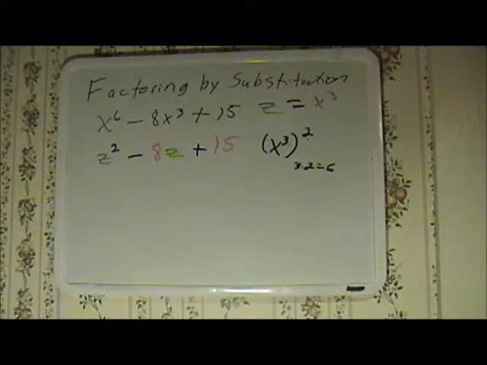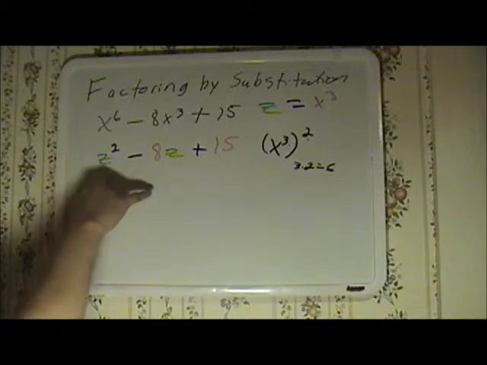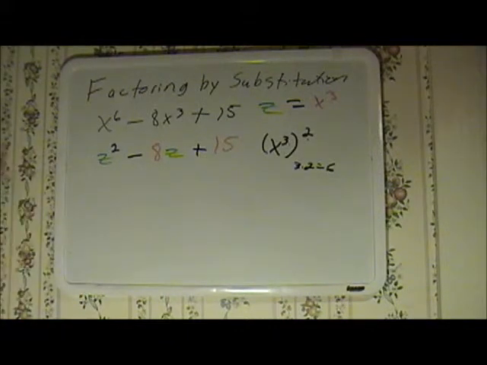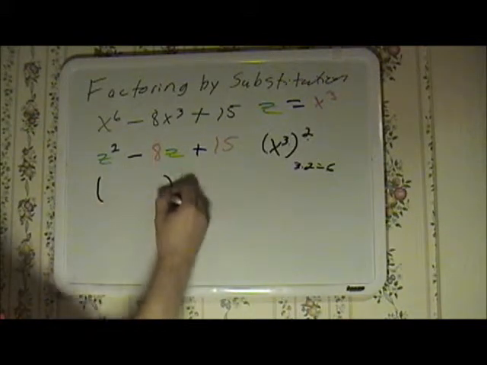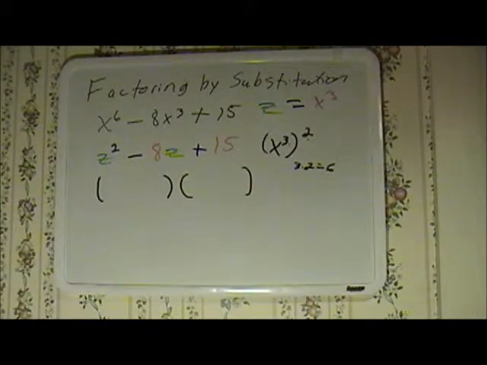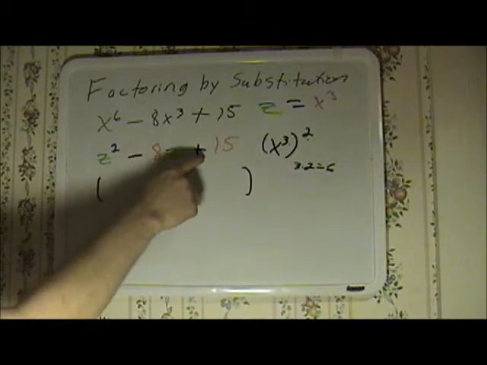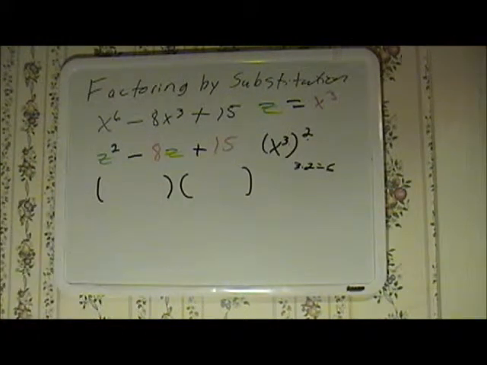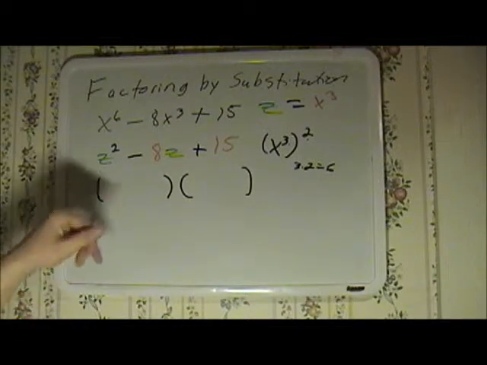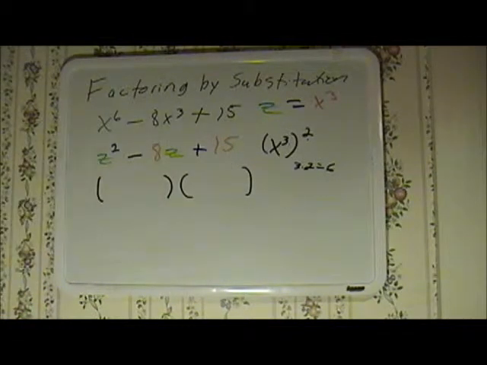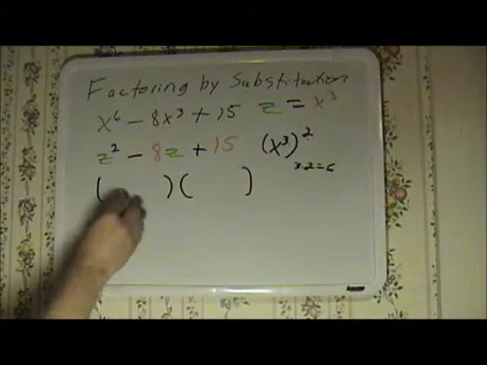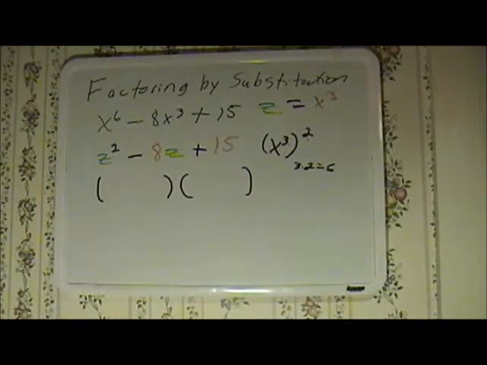So we want to look at a couple things here. We want to look at z squared. We know that's going to just split into z and z when we make our little anti-FOIL down here and get our two factors. So we look at our two constants, negative 8 and positive 15. This tells us a couple of things. Since the signs are opposing, both of these down here have to have a minus sign in them or a plus sign in them.